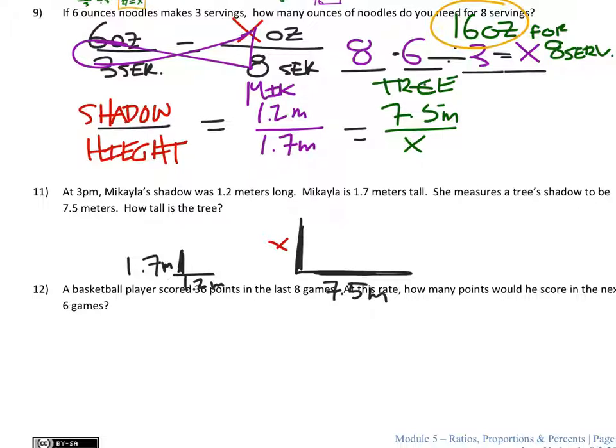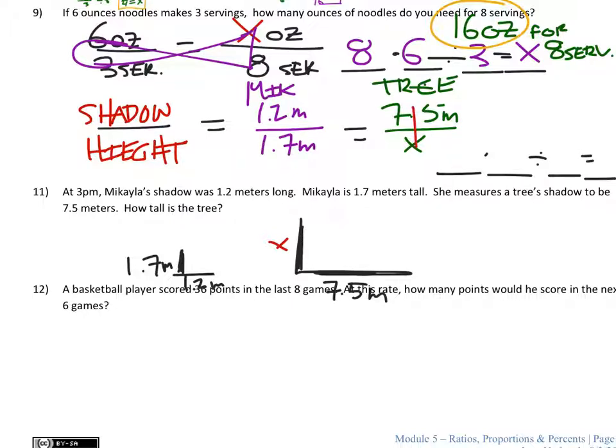For example, if we did height in the numerator, then we just would flip both of those fractions, okay? But we just have to make sure that we're comparing the right things in the right places here. So this allows us to set up the fish method. 1, 2, 3, 4. Multiply, divide, and equals.